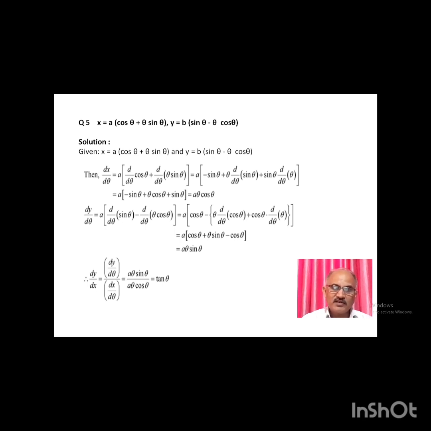So okay, x is equal to a cos theta plus theta sin theta. So therefore differentiate with respect to theta, dx upon d theta is equal to a, and write d upon d theta cos theta and d upon d theta theta sin theta. So dx upon d theta is equal to a minus sin theta plus theta, you write as it is, and sin theta derivative is cos theta.